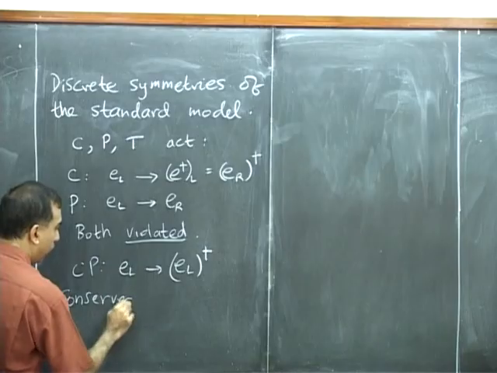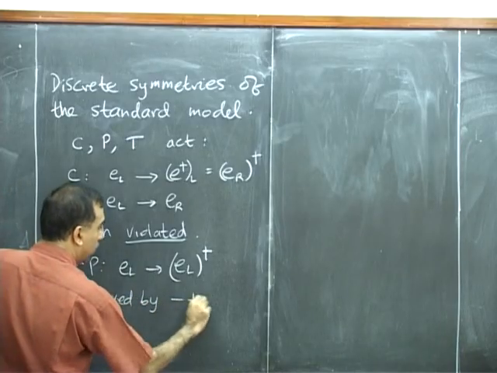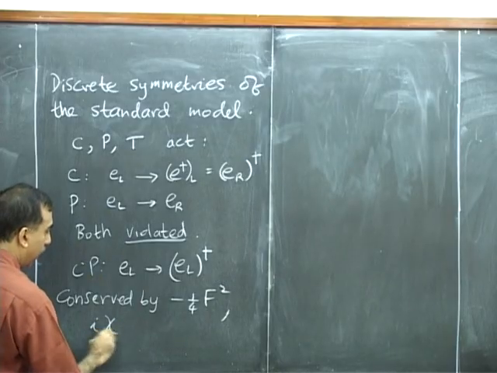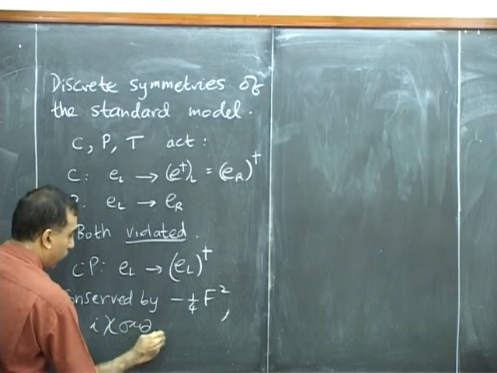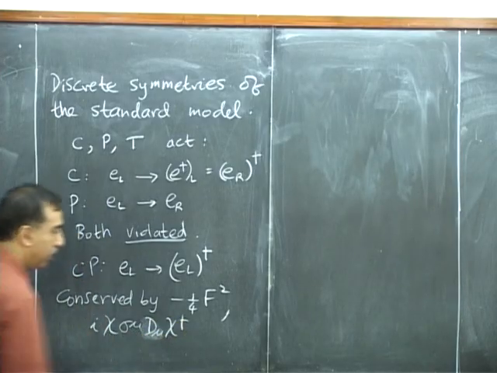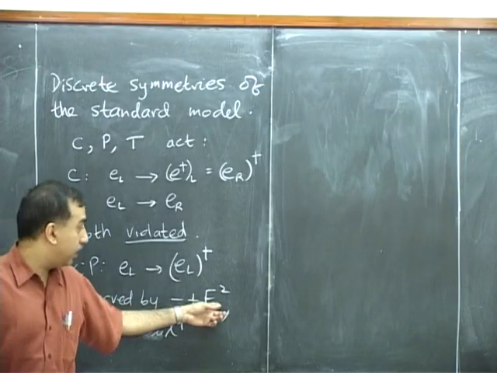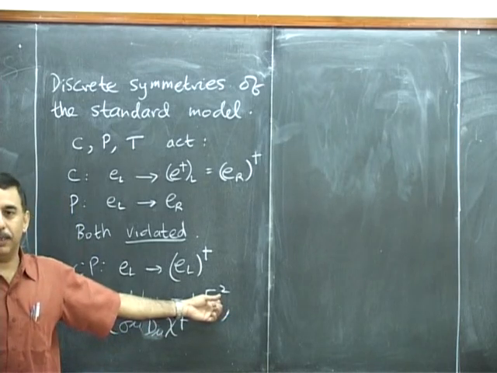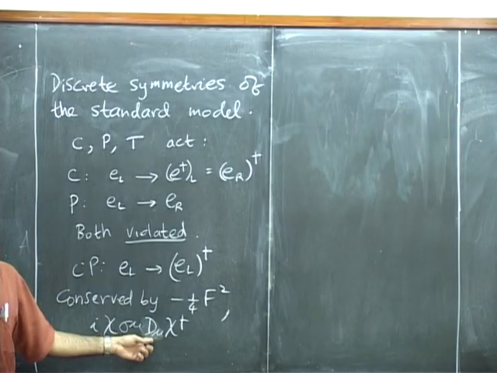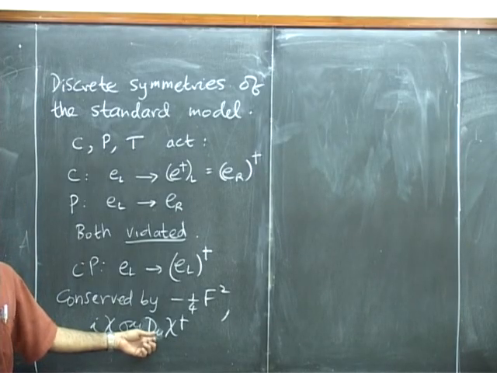by terms like -1/4 F squared and i chi-bar D-slash chi. These are basically kinetic terms for the gauge fields, which include interactions because these are non-abelian gauge fields, as well as kinetic terms for the fermions, which also include interactions because of the covariant derivative.